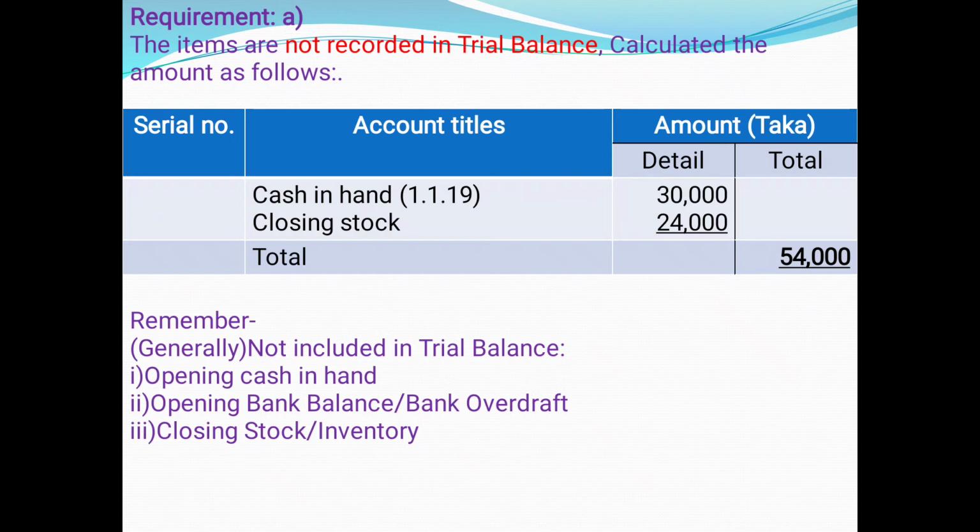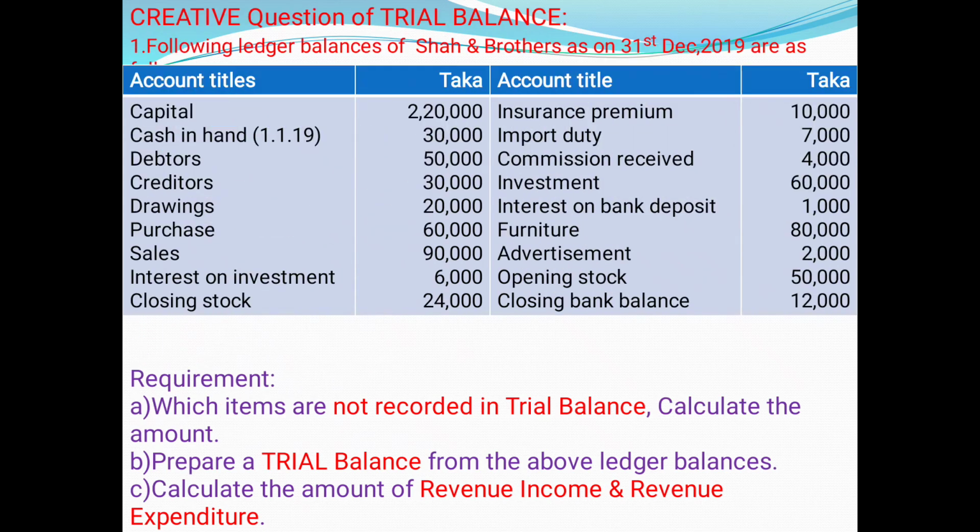From this stem, totally 2 items we get not recorded in trial balance. Number 1, cash in hand 1119, that is opening cash in hand taka 30,000, and closing stock 24,000.